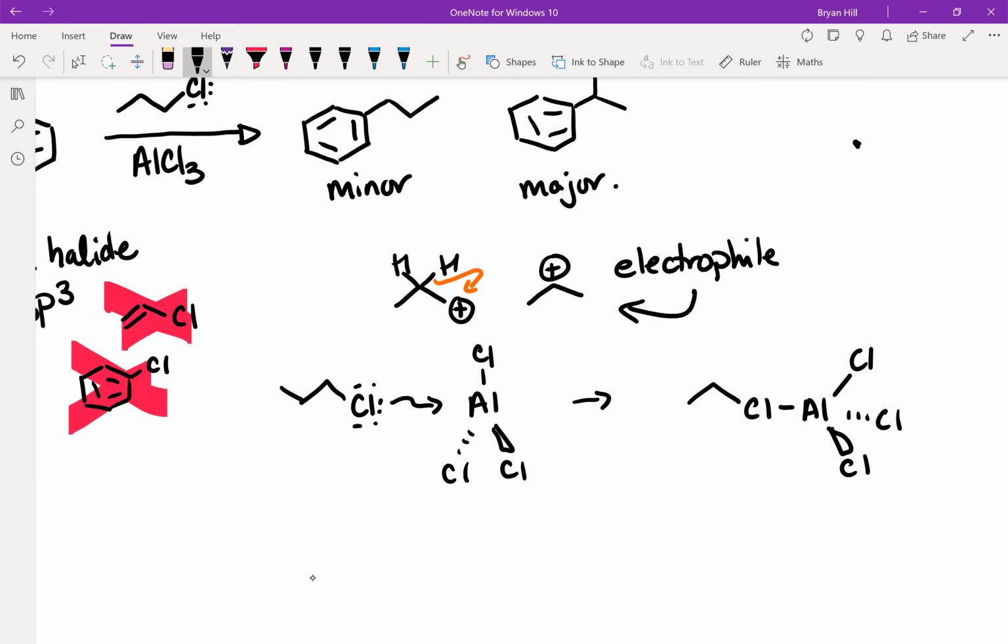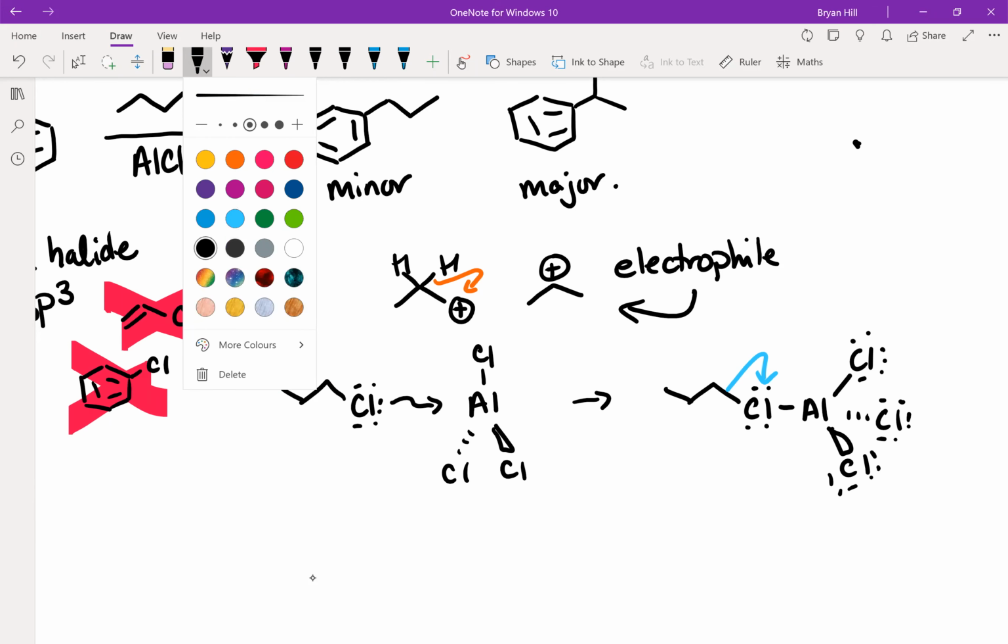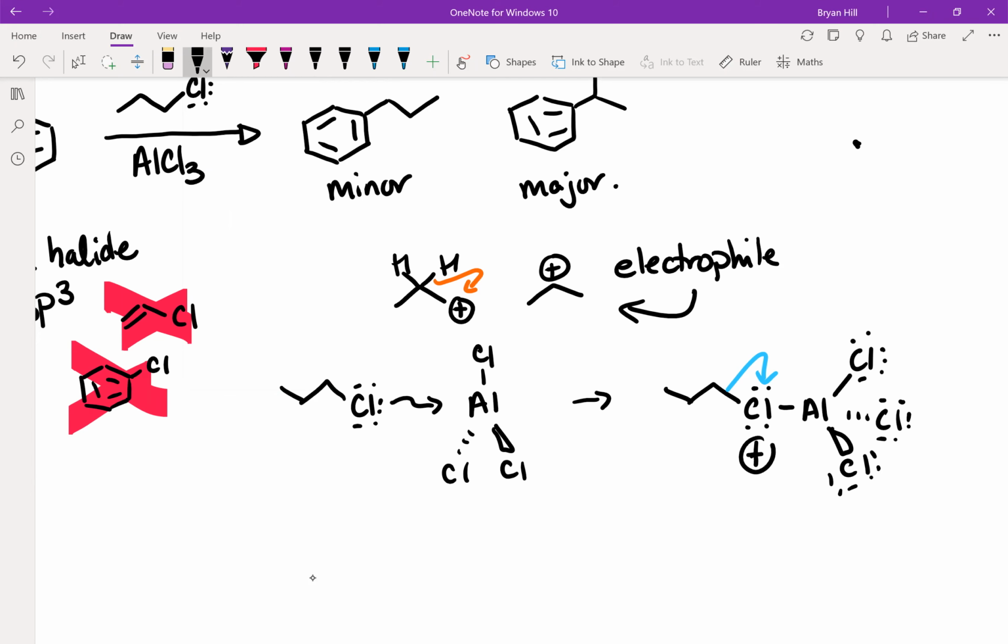This is basically just what we would have done in organic 1 if we're doing a Lewis acid base reaction. And then this breaks down to form the carbocation. And this would have a positive charge here. So with straight chained alkyl halide, there's a couple of limitations to this reaction.